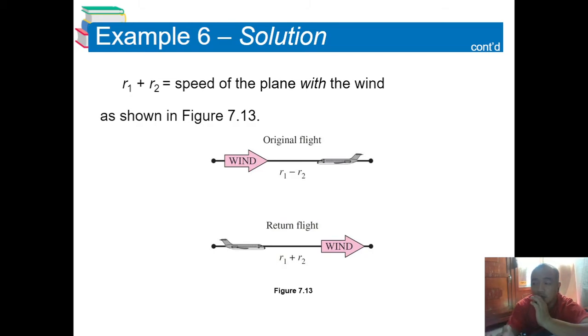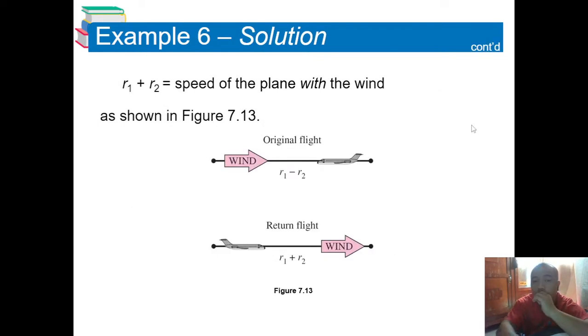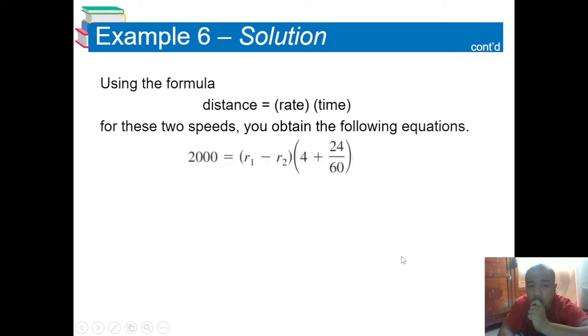Downstream, plus; upstream, minus. The original flight is against the wind, so r sub 1 minus r sub 2. In the return flight, it is with the wind, so r sub 1 plus r sub 2.